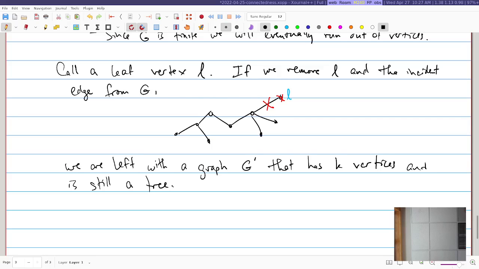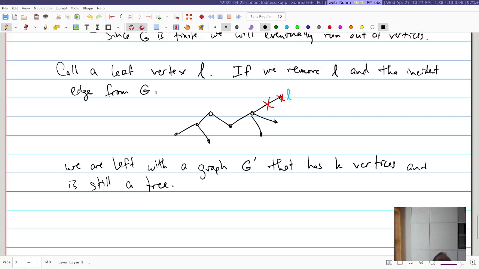Well, because I was careful to remove a leaf, I couldn't possibly have made it disconnected. Because any two vertices, if there was a path between them before, that path couldn't have possibly used this edge, because the only thing this edge would be good for is finding a path to that leaf that we deleted. So I left all the paths intact, so it's still connected. And if there weren't any cycles before, I certainly can't make any new cycles by deleting an edge.